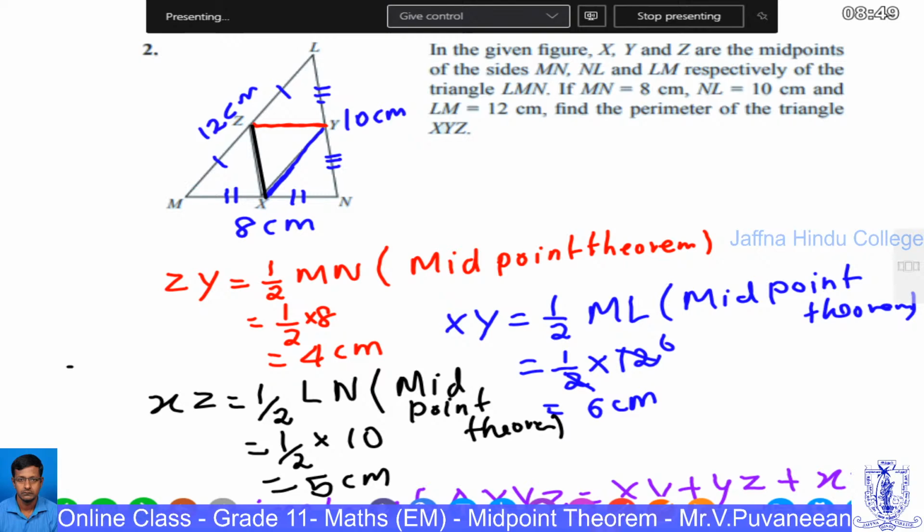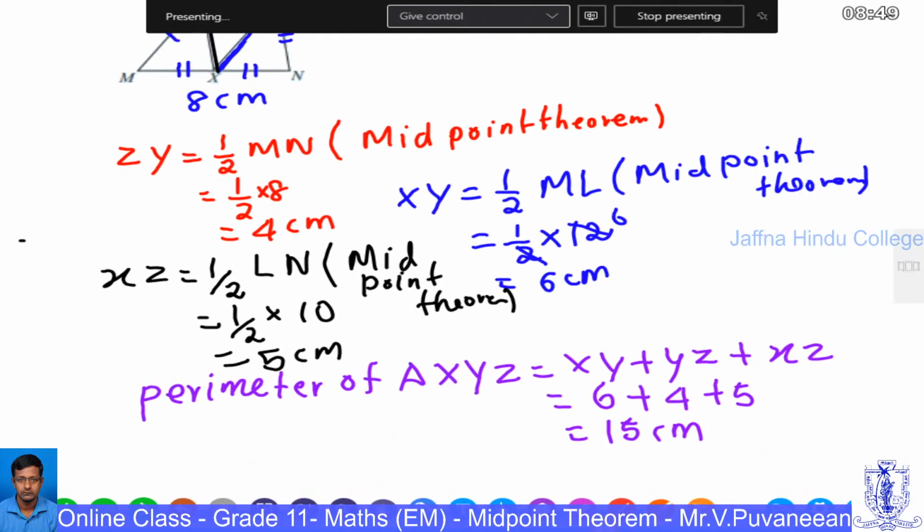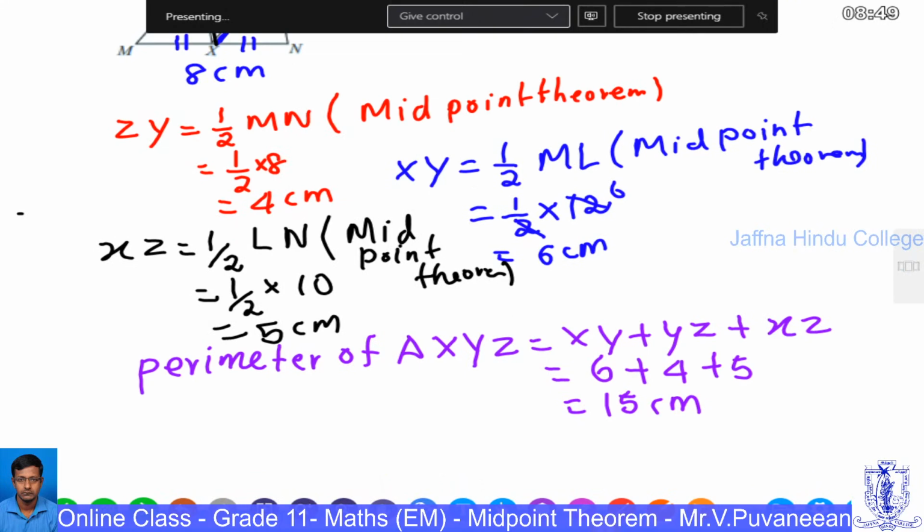XYZ is obtained by joining the midpoints of triangle LMN. The perimeter of the inner triangle becomes half of the perimeter of LMN. This is 30 centimeters, half of this is 15. You also obtained the perimeter of triangle XYZ as 15 centimeters.